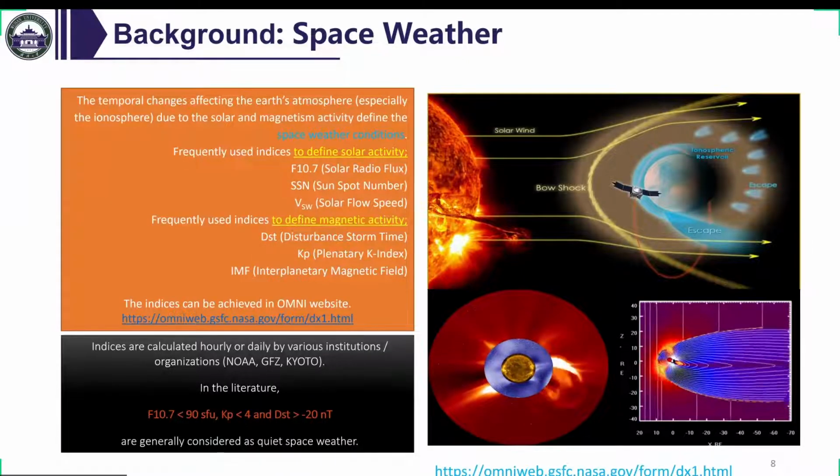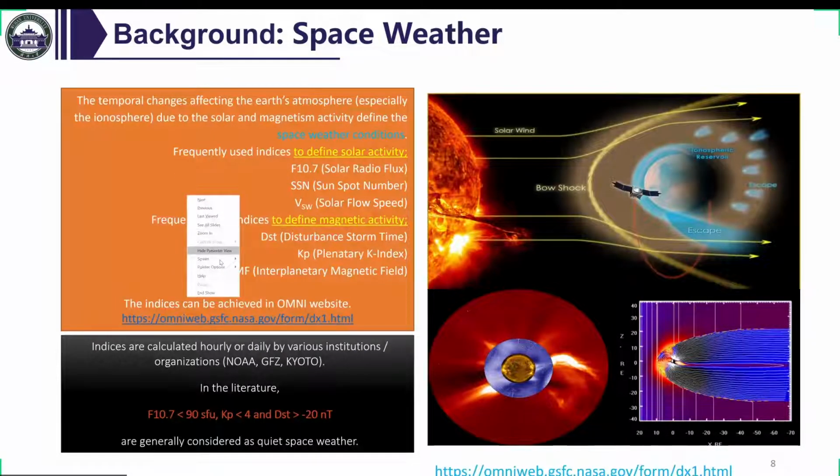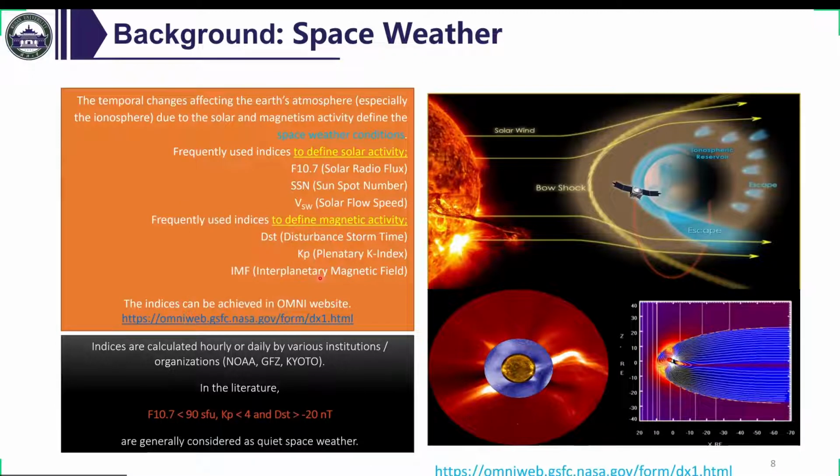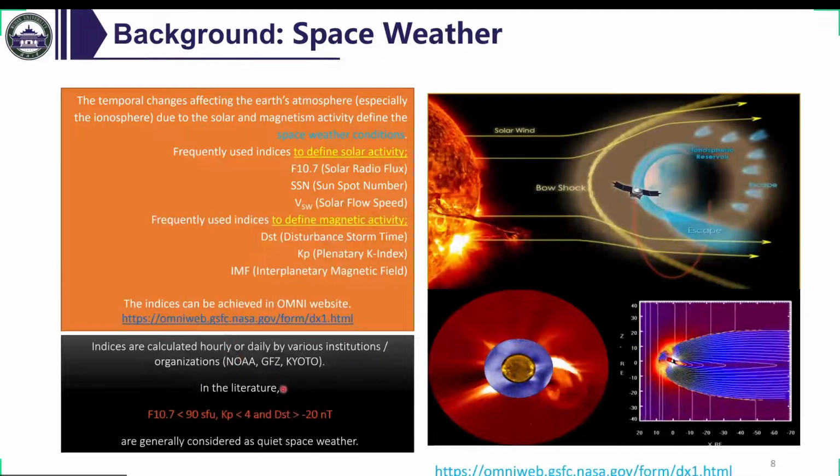The crucial parameters that can affect the ionosphere are space weather indices, and we can group them into solar radiation and also the geomagnetic activity.